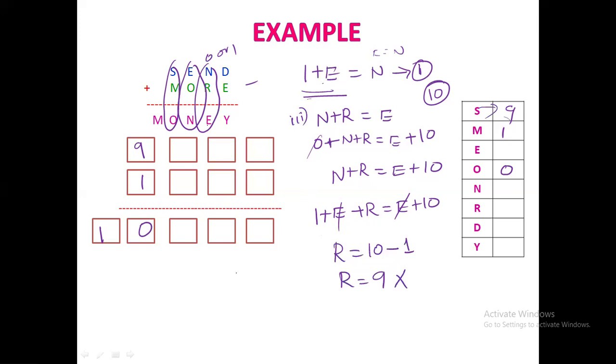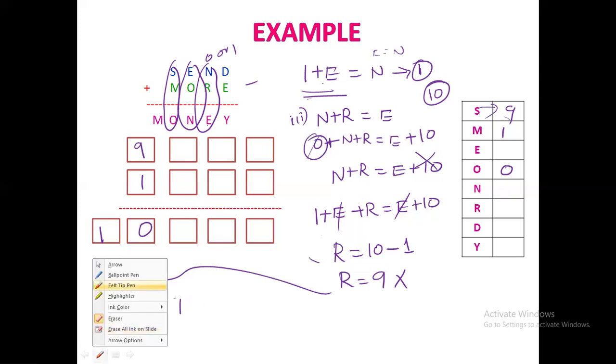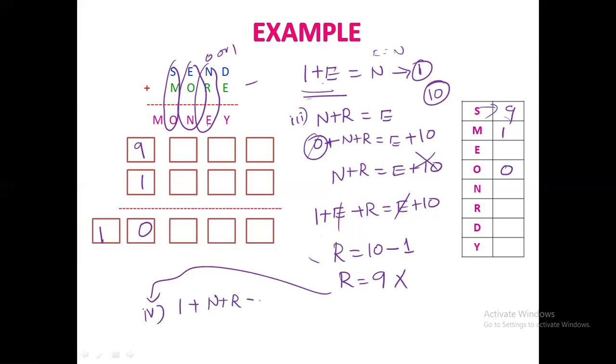Carry must be 1. Now we have to write the next, fourth step. Here we have substituted 0, so this is not possible. So now I am substituting 1 plus N plus R is equal to E plus 10.